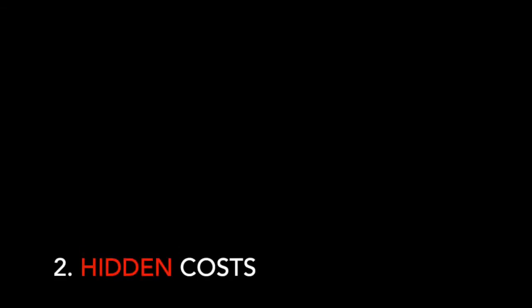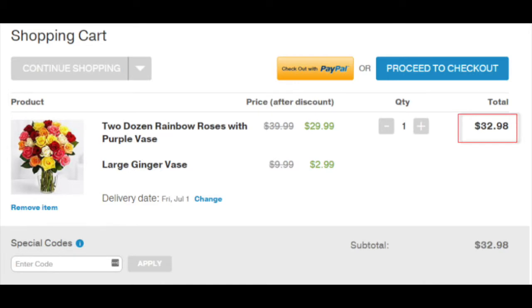Let's move on to the next type of dark pattern, hidden costs. We've all been here, ready to make a purchase when, seemingly out of nowhere during the final step of the checkout process, an unforeseen charge has increased the price of your purchase to an intolerable amount. Let's compare this screenshot to this next one.